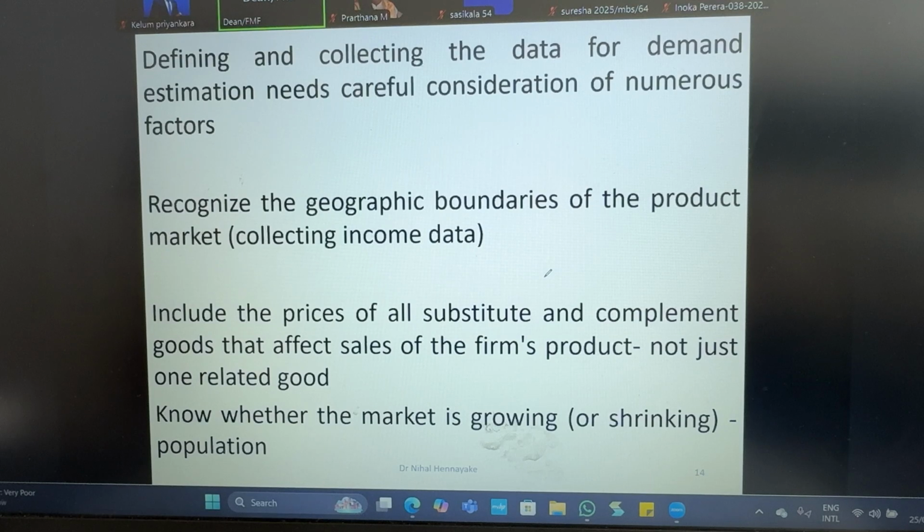So you are limiting yourself only to the secondary data. But when you do the actual one, you understand the importance of doing primary research or primary data collection and getting the information.